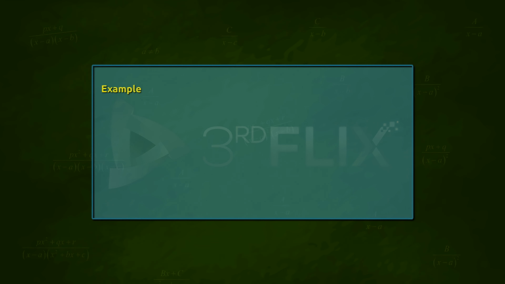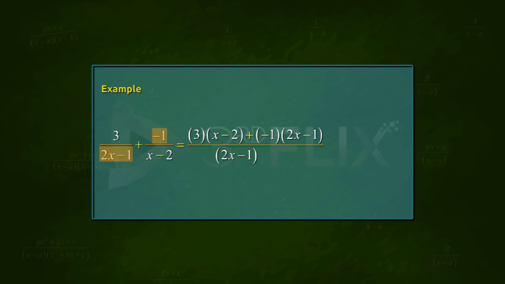Example: consider two proper fractions, say 3 by 2x minus 1 and minus 1 by x minus 2. Their sum equals 3 into x minus 2 plus minus 1 into 2x minus 1, whole divided by 2x minus 1 into x minus 2.